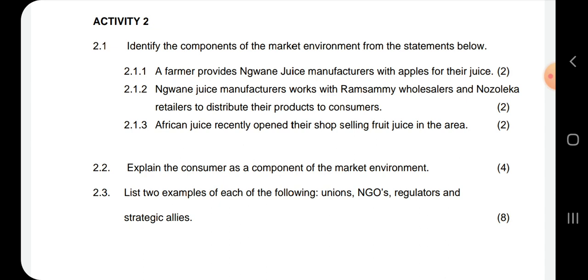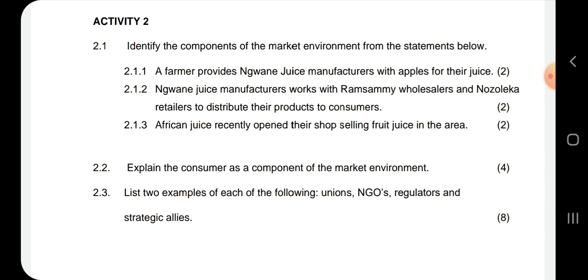So those are intermediaries. That is intermediaries. And then we have the African Juice that recently opened their shop selling fruit juice in the area. So that is a competitor.